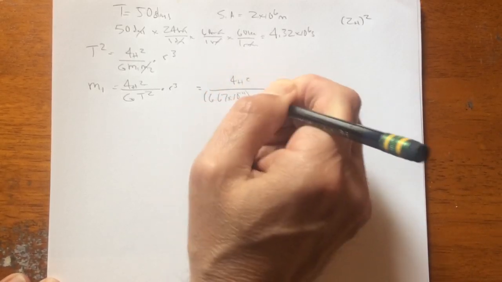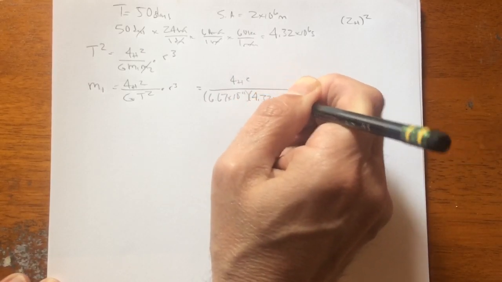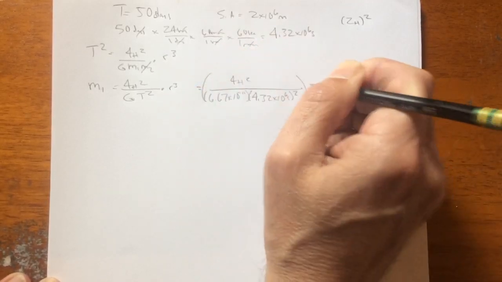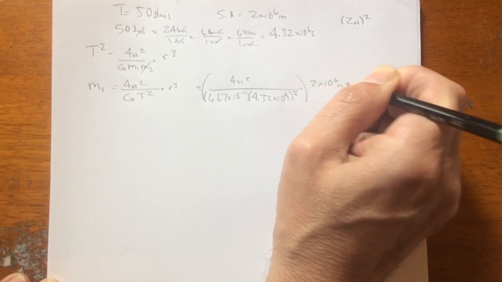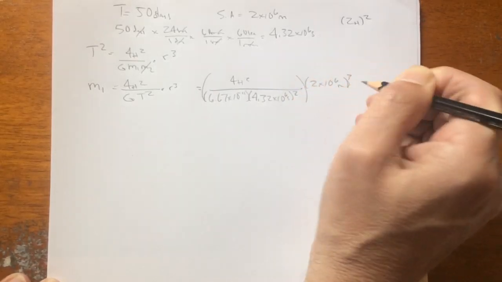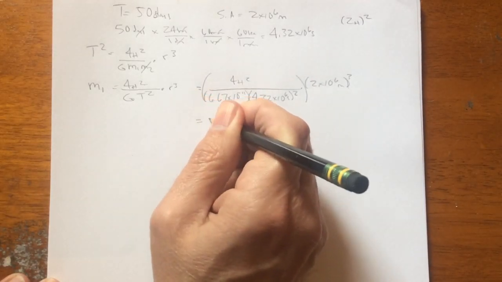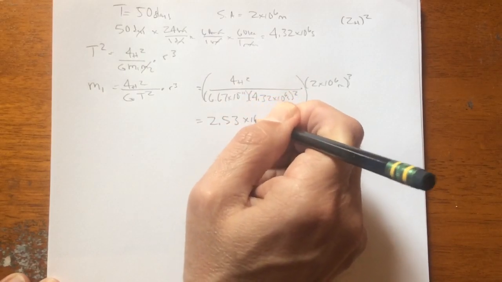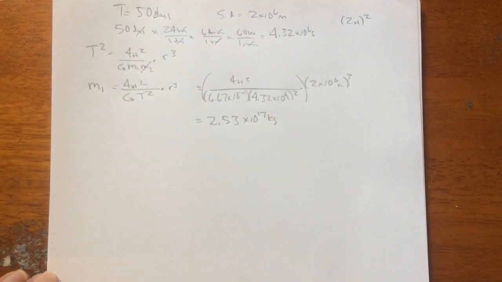I'm going to drop units just to speed up. 4.32 times 10 to the 6th seconds, don't forget to square that, all this times 2 times 10 to the 6 meters cubed. And you should get, and check me out if I get this wrong, somebody send me a note, I think it's good, 2.53 times 10 to the 17th kilograms. That sounds okay.